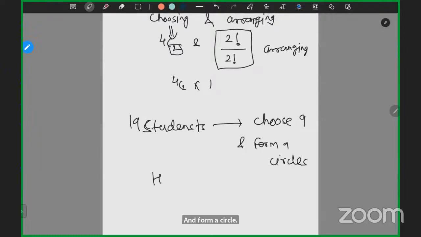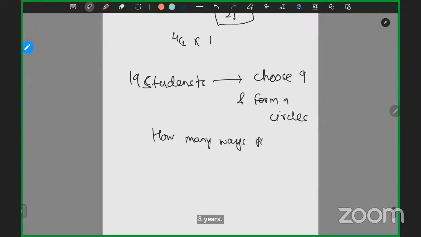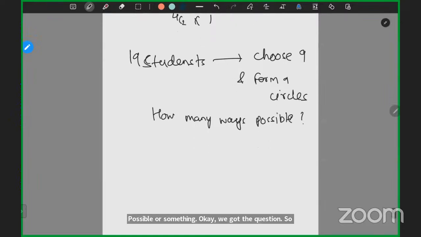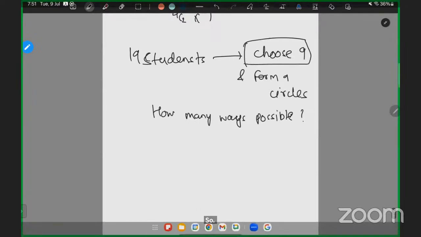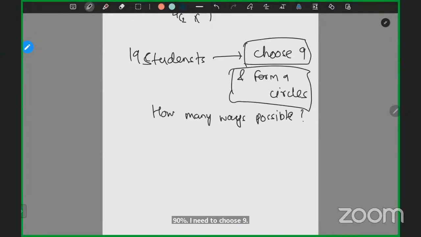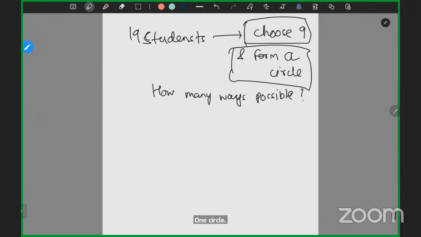How many ways are possible? I'm not going into too much grammar. So I need to choose 9, and I need to form one circle.